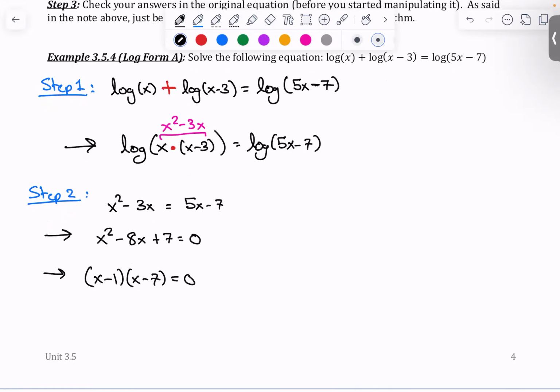You can use whatever methods you want to factor. Setting this equal to 0, you're going to use the zero product rule to set each factor equal to 0. And this time, instead of writing x equals, I'm going to say the possible solutions are x equals 1 and 7.